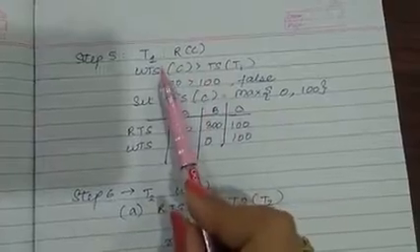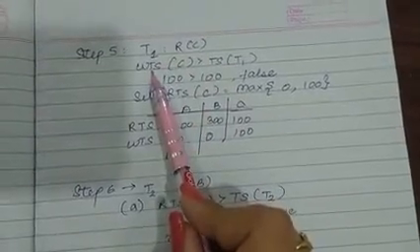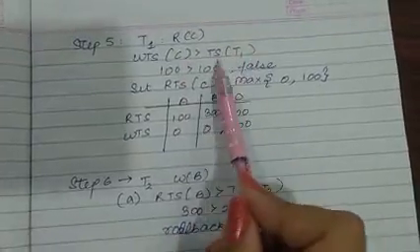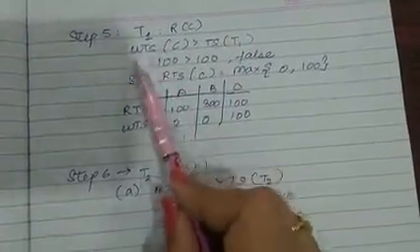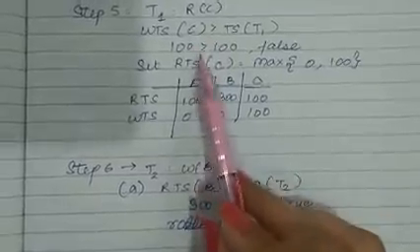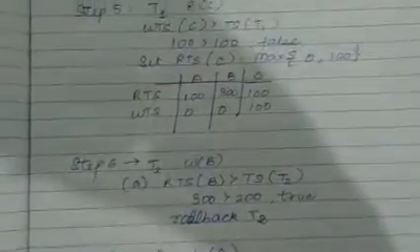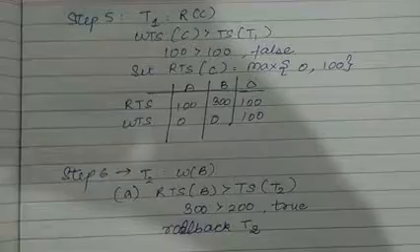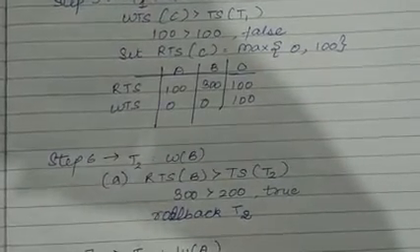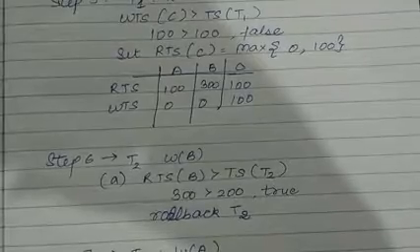According to rule 1, if write TS C is greater than TS T1: this WTS C has a value of 100 and this TS T1 has a value of 100. Is 100 greater than 100? No, as 100 is equal to 100. We are just checking whether it is greater or not. So this is not greater, as it is equal, so we can say this is false.